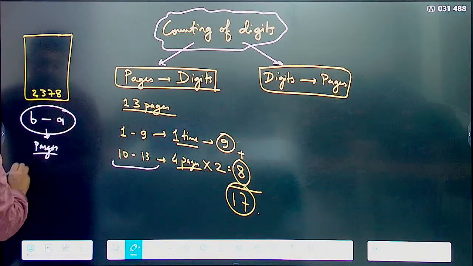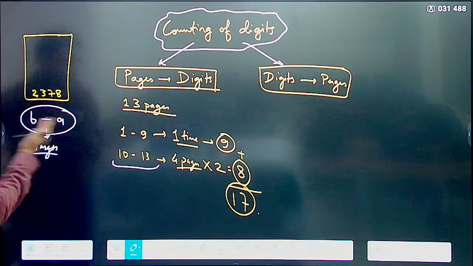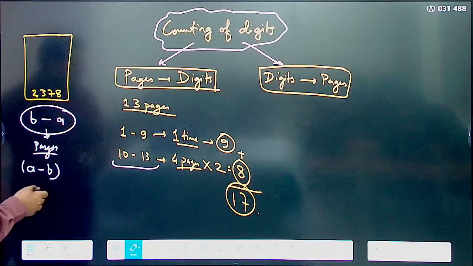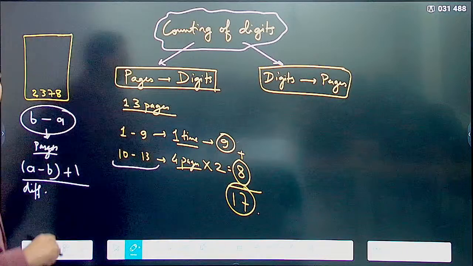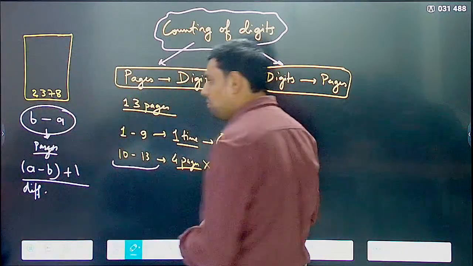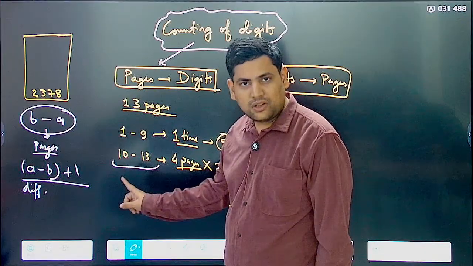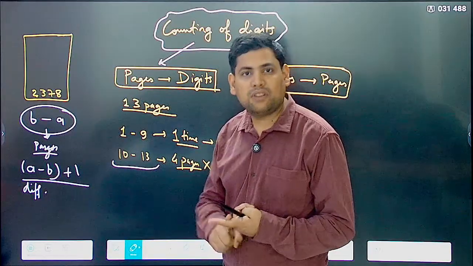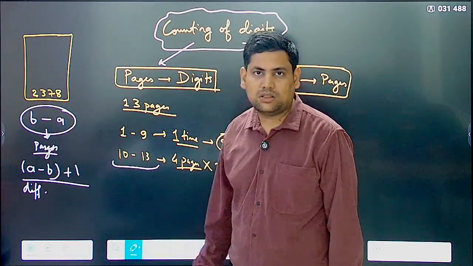It will be B minus A, or if B is smaller, then A minus B, whatever the difference is. Now, you always have to add 1, because otherwise you will be missing one of the endpoints. You have to count 10 also. 13 minus 10 is 3, but you have to add 1, so 3 plus 1 is 4. You can always remember it like A minus B plus 1.